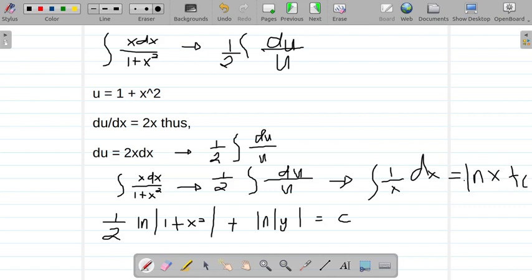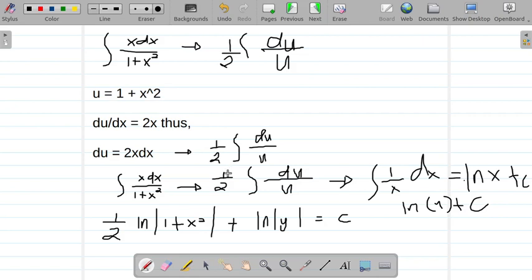So, the integral of du over u is just equal to ln of u plus c, which is, substitute u back, u is equal to 1 plus x to the power of 2.